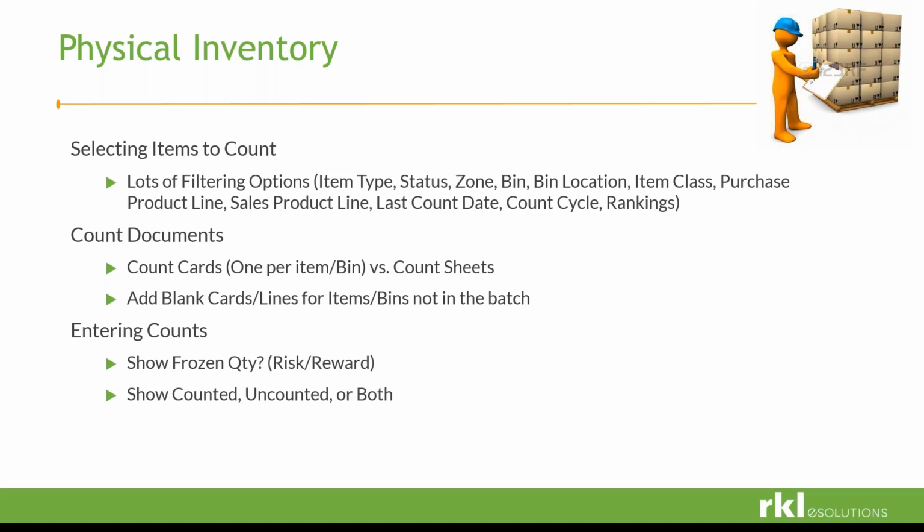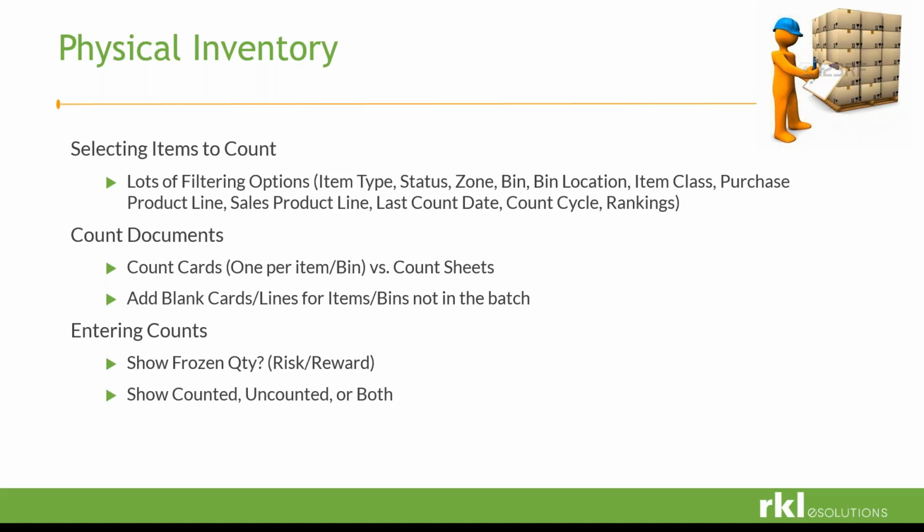If someone goes out to do a physical count, 500 said that there were none on hand, but somebody finds 3 or 4 of them on the shelf, you want to be able to have a placeholder in the system to record the count for that item. So this will give you, in effect, blank lines in the enter count screen to be able to add items to the batch that weren't selected up top when you did the item selection.